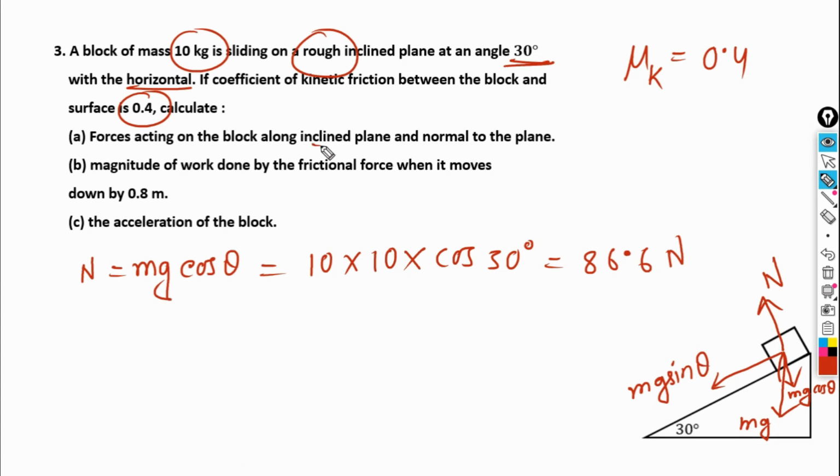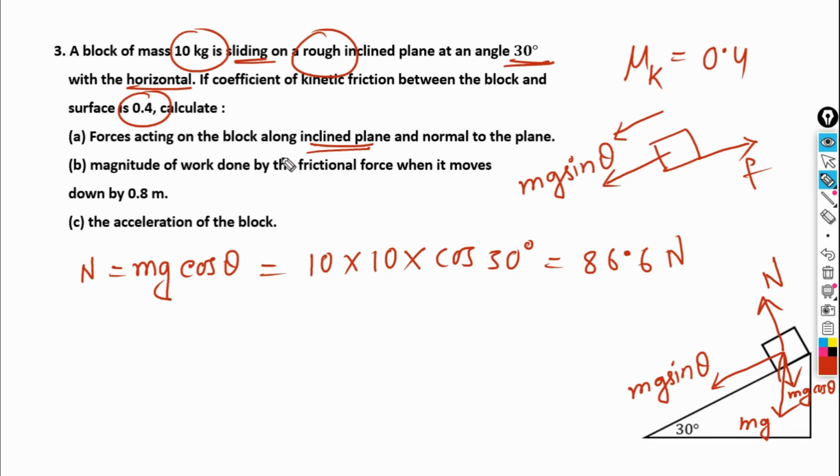Now along the inclined plane, if this is the block, one force is in the downward direction, that is mg sine theta. Now it is sliding. Sliding means the resultant force is in this direction, but there is obviously another force in the opposite direction due to the rough surface, that is friction, right?